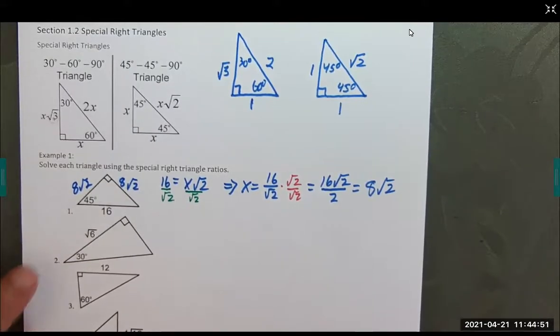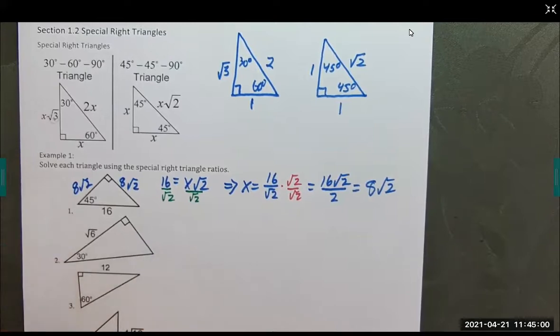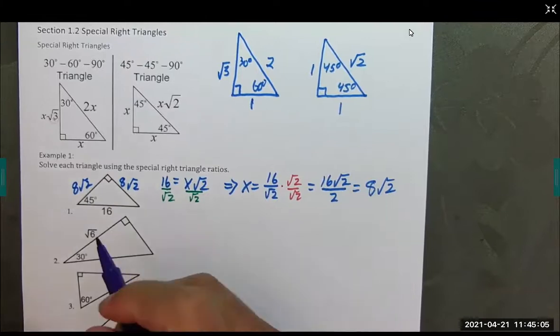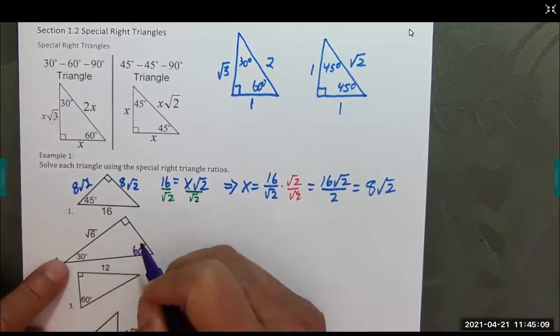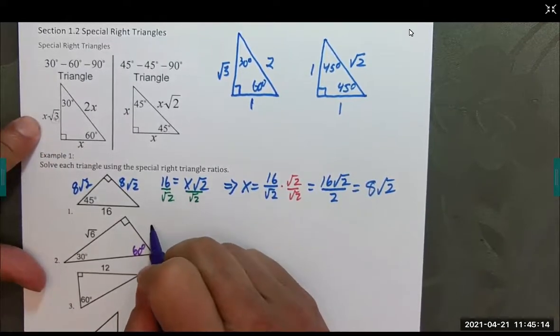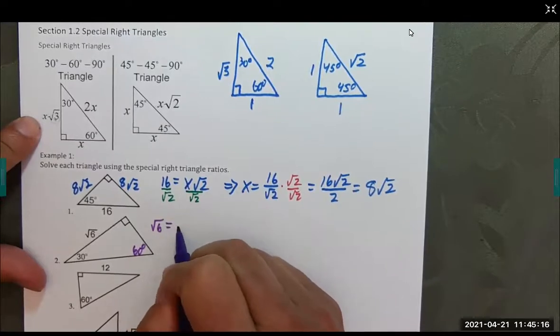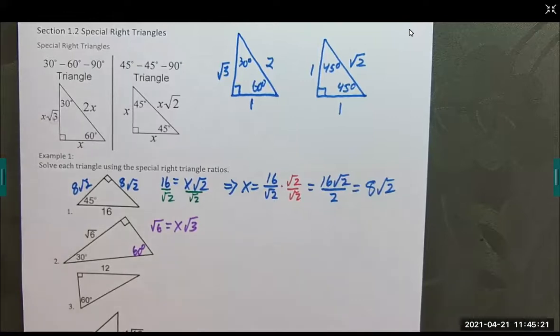Let's move on to number 2 here. Here we have a 30-60-90. Even though they didn't put the 60 there, we know that there's a 60 there. It's again implied. So we know that the side opposite the 60 degree is our x root 3. So this means that root 6 is equal to x root 3. Once again, I'm going to solve for x.